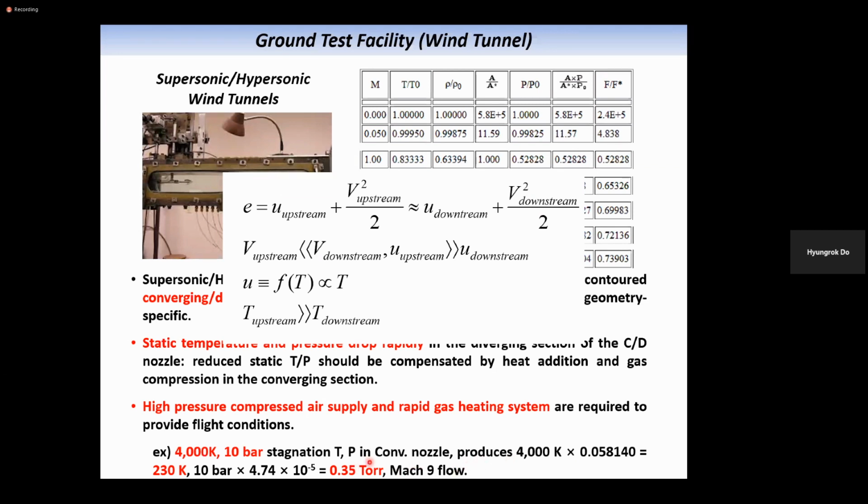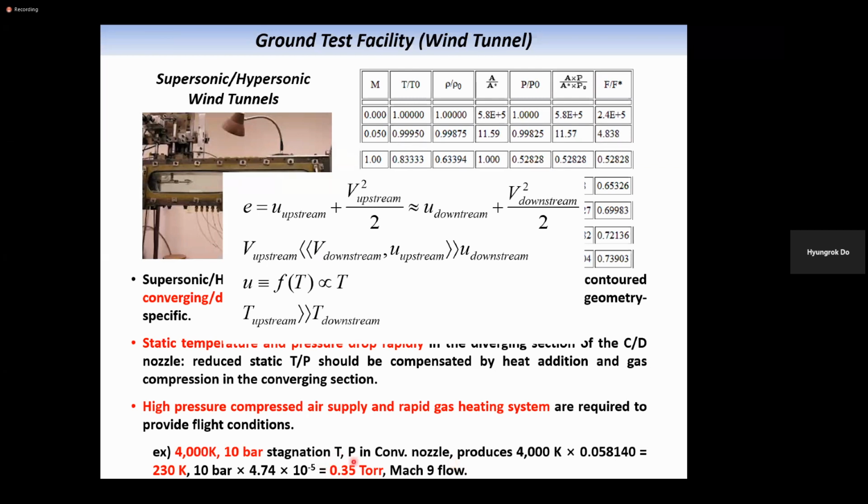Then your test section static temperature would be only 230 Kelvin. 230 Kelvin from 4000 Kelvin, because most of the thermal energy now is converted into the kinetic energy. So that kinetic energy is used for accelerating flow up to Mach 9.